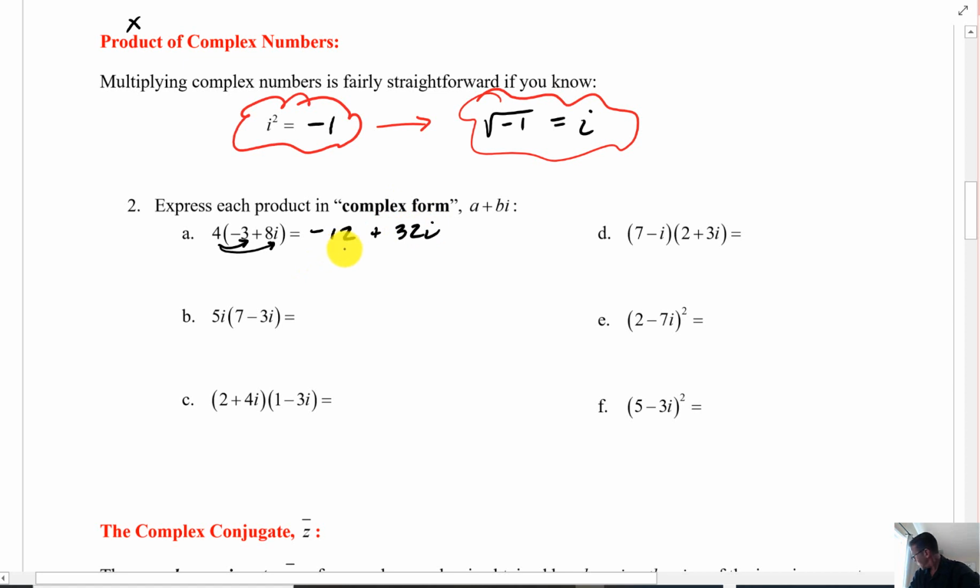And so you have a real part with an imaginary part. So there's your complex form. This is complex form right here, a plus bi. And it's that simple, okay? Now pause and play through the video. You try the next one.